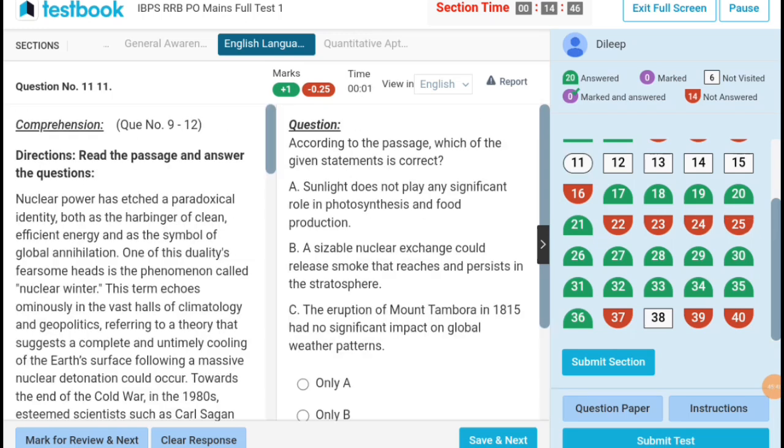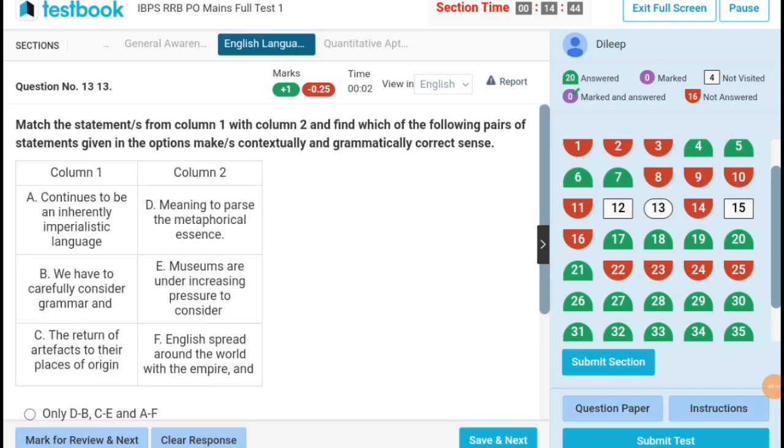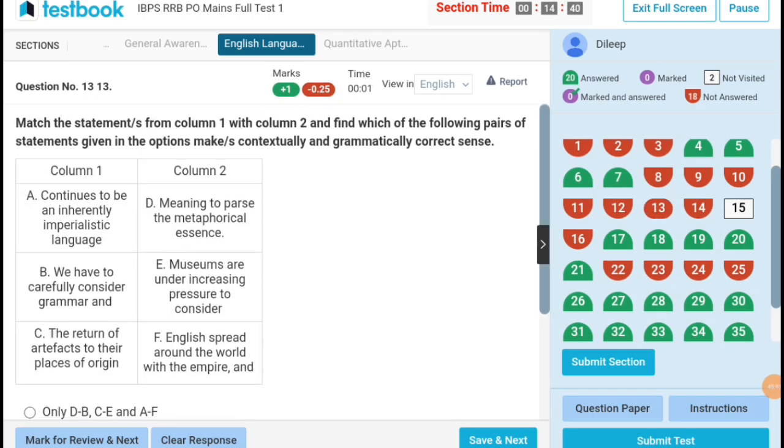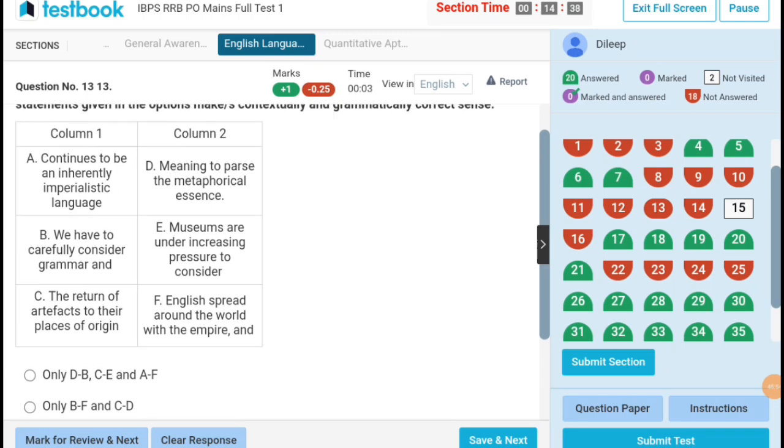Next, 13, that is, continues to be an inherently imperialistic language. We have to carefully construct grammar and the return of artifacts to their places of origin.